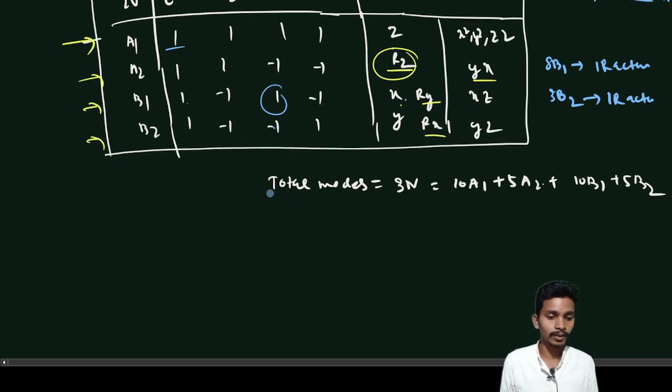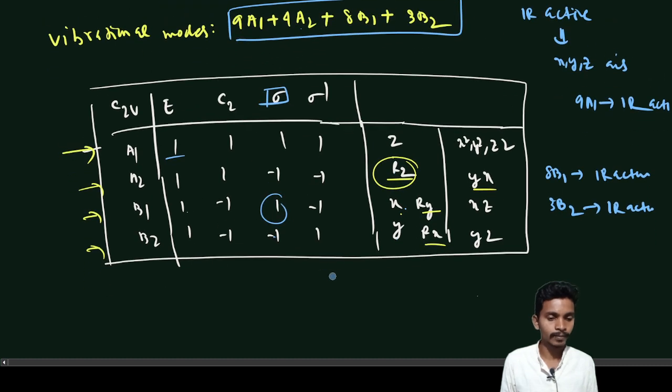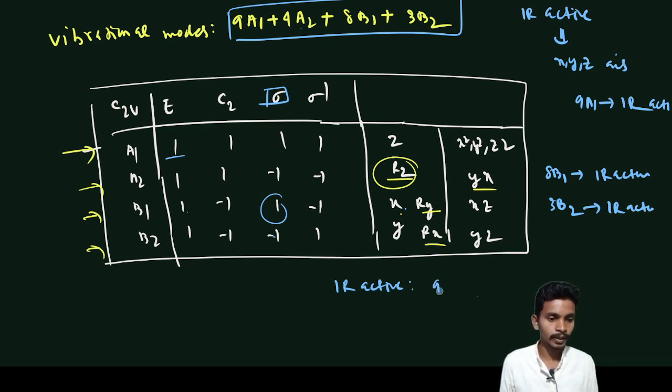So now I will erase it. So the IR actives are 9A1 plus 8B1 plus 3B2.